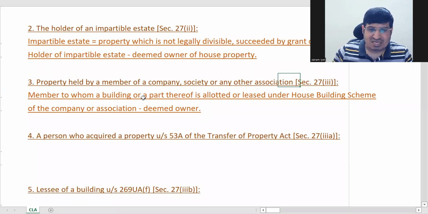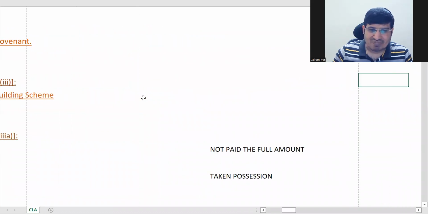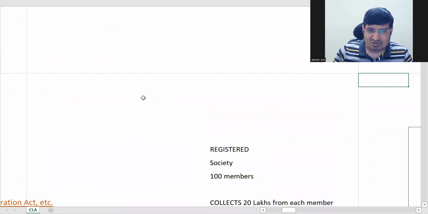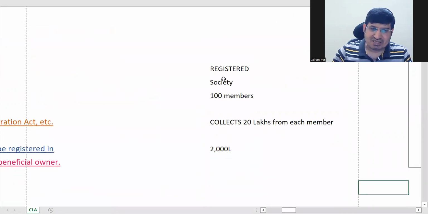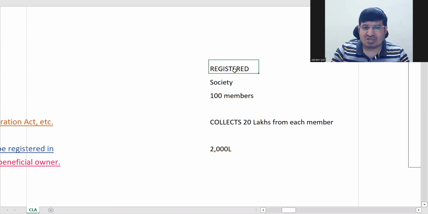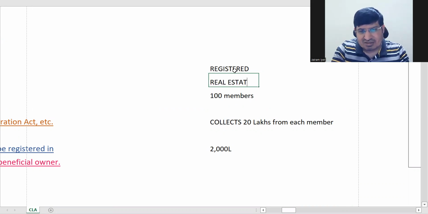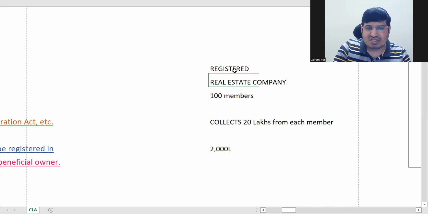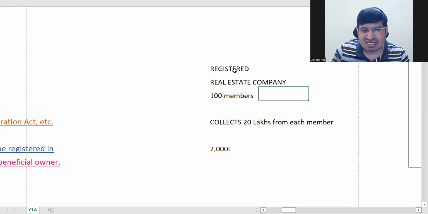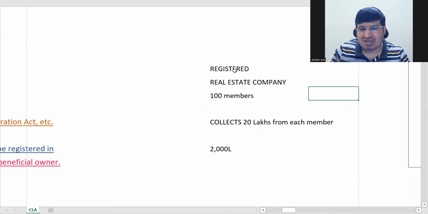So this is actually what I had given you as an example of a society, right? Here, the society that I mentioned, this one, correct? Similarly there are many real estate companies who do this. If in place of the society this is a real estate company, what they will do is sell shares, and based on your shareholding you will get houses.